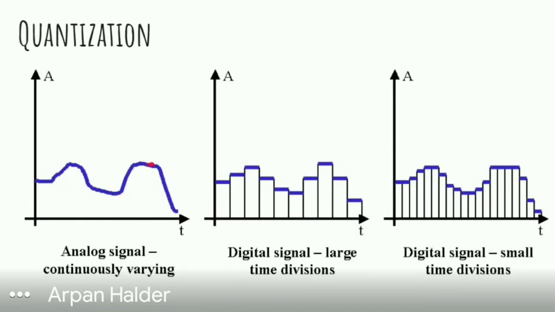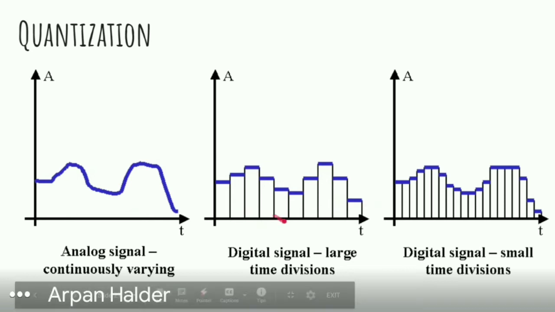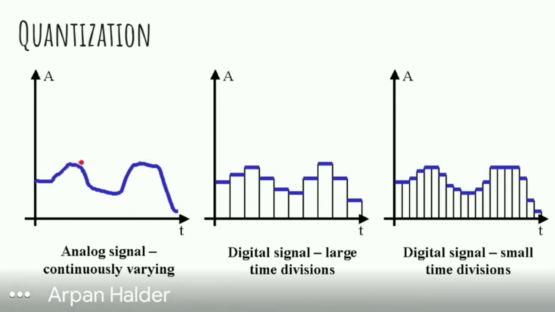From this diagram, you can somewhat understand this is an analog signal, and depending on my time resolution, I am just trying to capture this analog signal, but as my sampling rate is poor in this case, I am not able to properly capture the input analog signal.